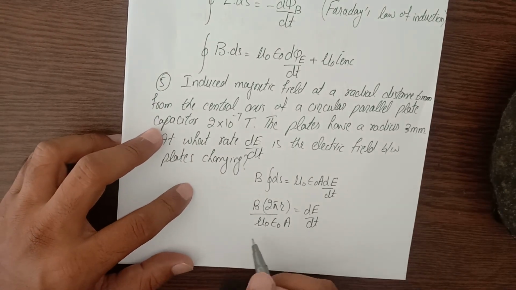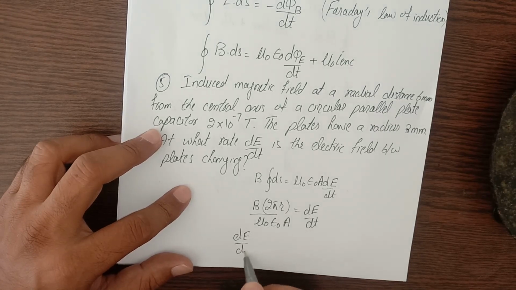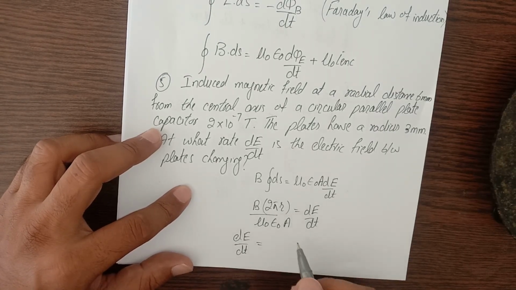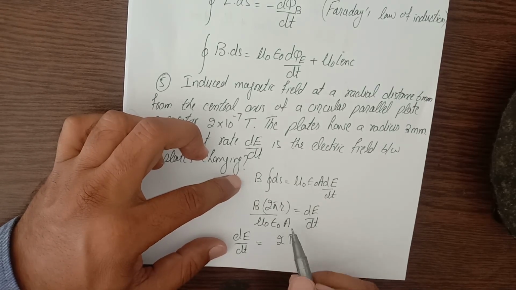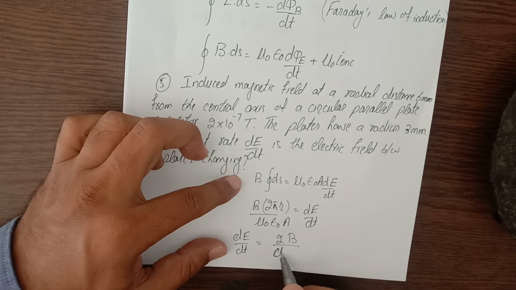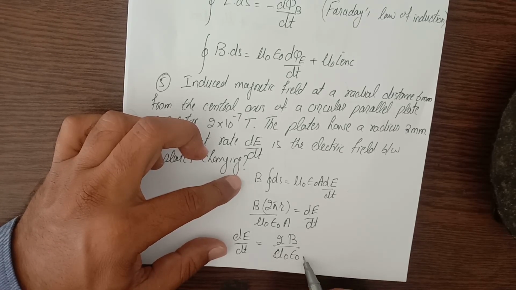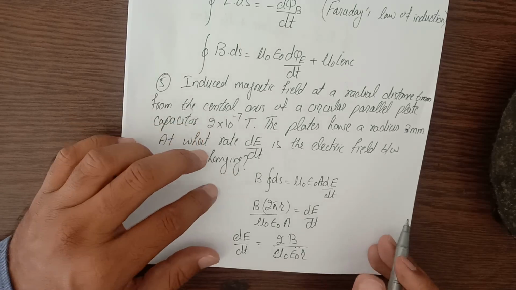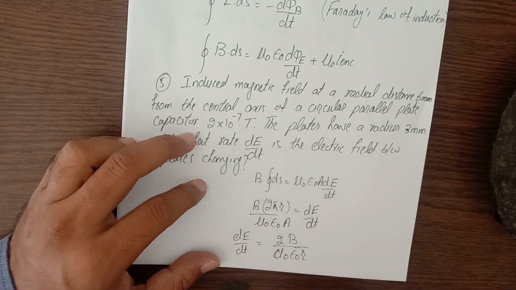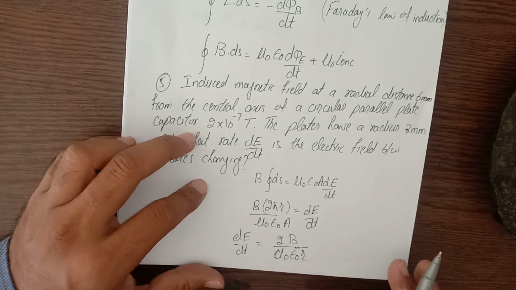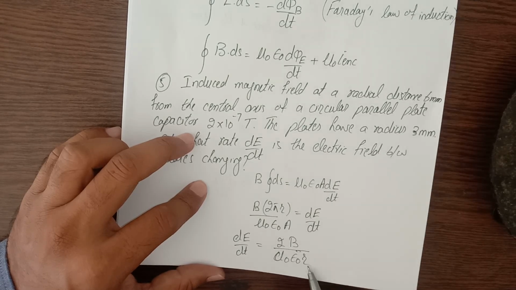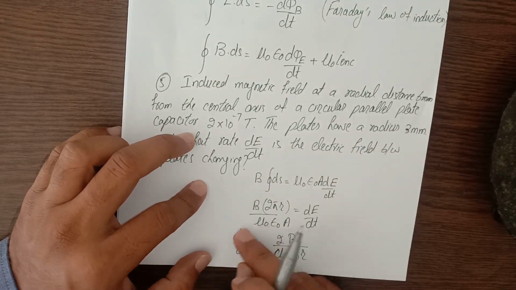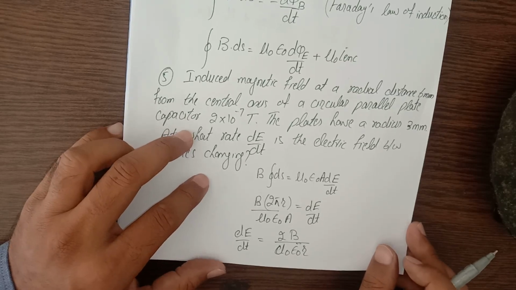So dE by dt would be 2B, pi would be cancelled by this pi, over mu naught epsilon naught times r. So I know this magnetic field which is given. You should know the permeability of free space, permittivity of free space, and the radius. So you can calculate the rate of change of electric field using this expression.